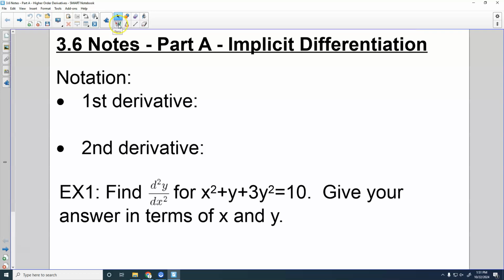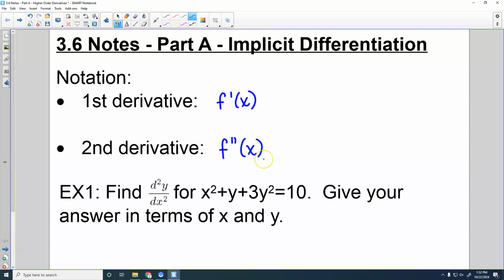So, for your notation, for your first derivative, there are several different ways that you can notate that you have taken a first derivative. If your original function is called f of x, you can call it f prime of x. For that notation, if you take a second derivative, you just put two little tick marks here.